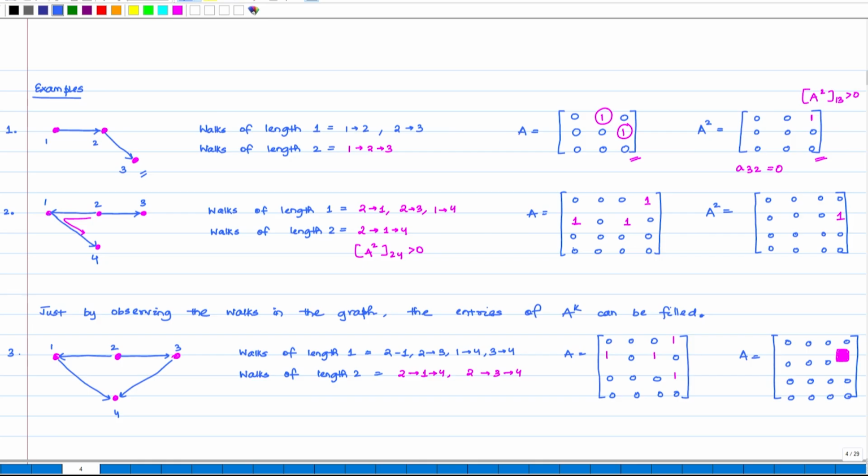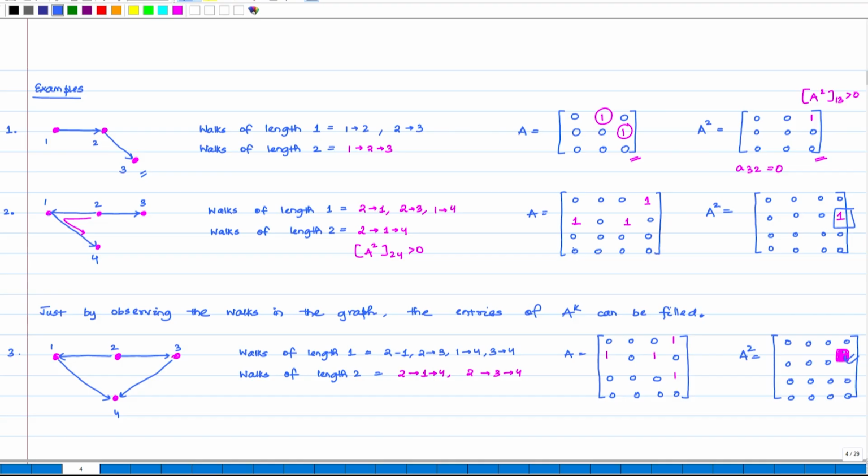Okay. So, suppose we see that in this example, this entry is equal to 1. What should be the value of the entry A24 in this case? Sorry, this is A squared. Should it be equal to 2? Should it be equal to 3, or what should be the value of this entry?